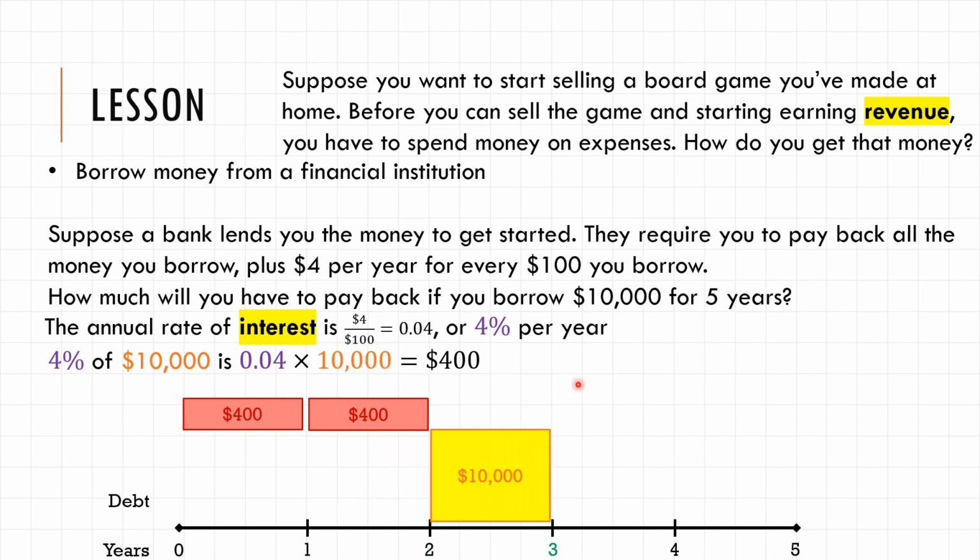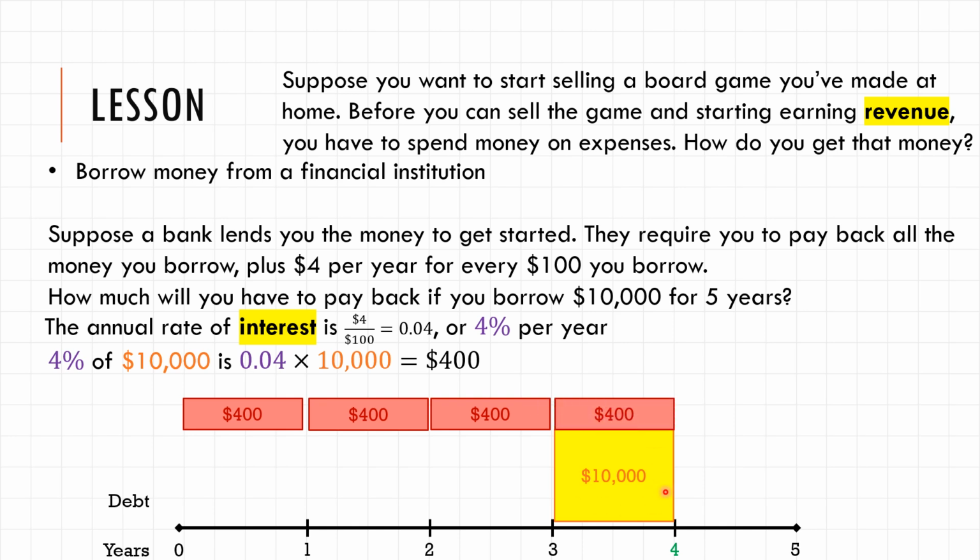You need to pay back another $400 for borrowing it for a third year. Another $400 for borrowing it for a fourth year. And finally, a final $400 for borrowing it for the fifth year.